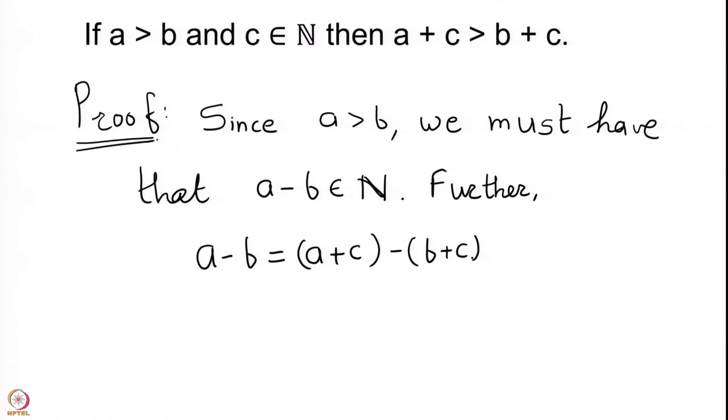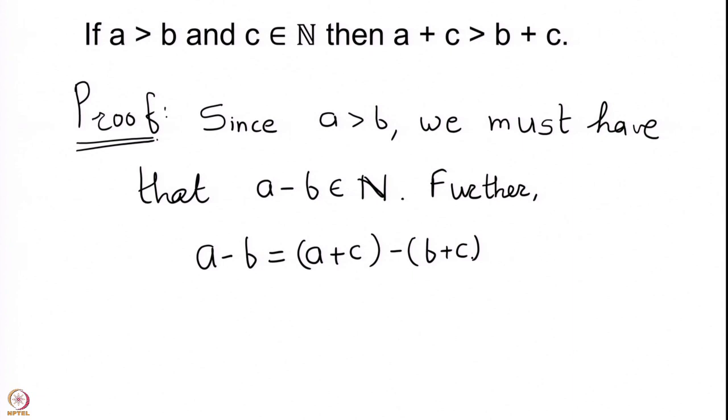This is where we are using some properties of the addition, that A minus B is the same as A minus B plus C minus C, and the first C which comes with the positive sign can be put inside next to A, and the next C which is with the minus sign can be put with the B. So, we are using the commutativity of the addition.